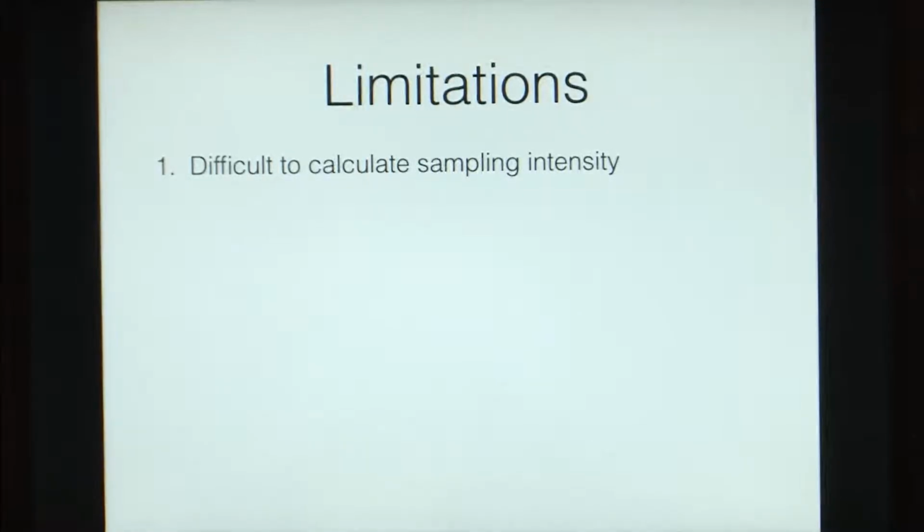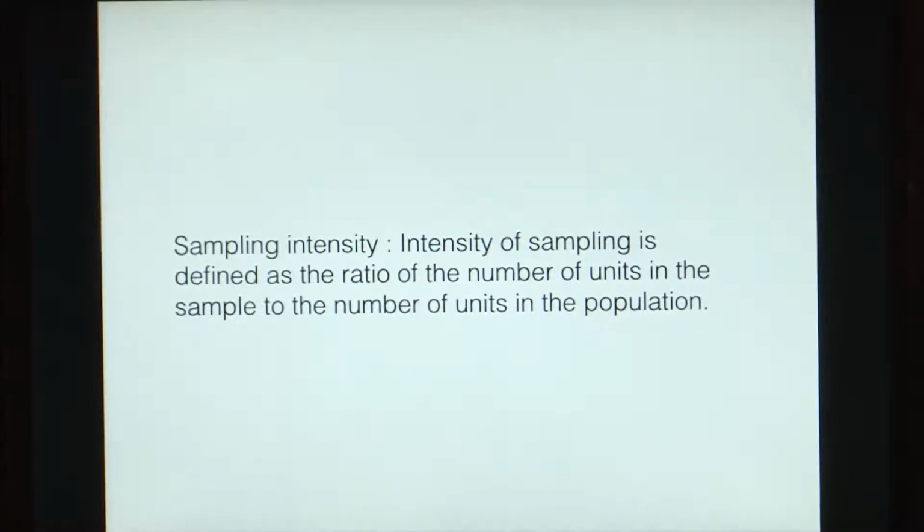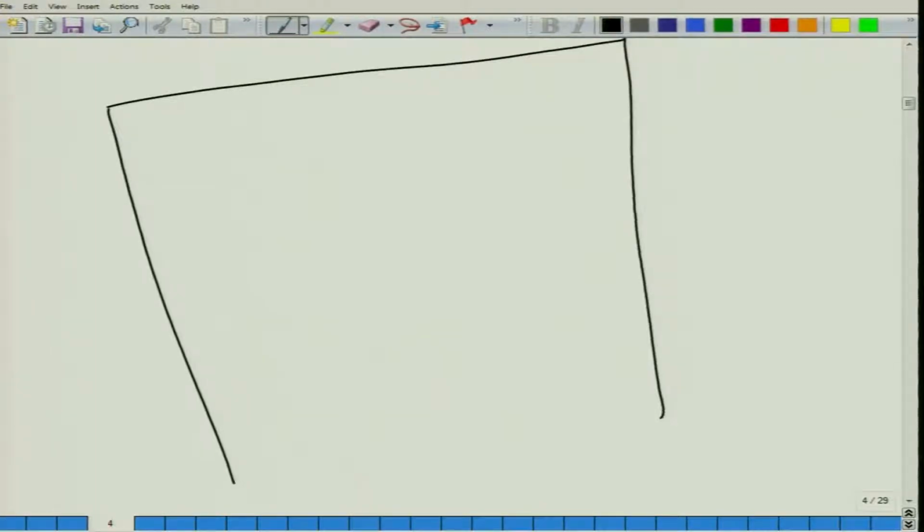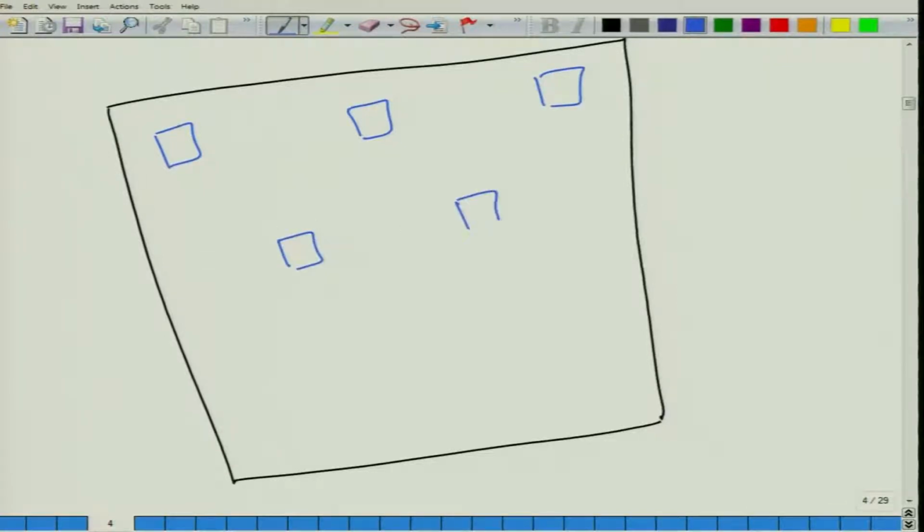For instance, it is difficult to calculate sampling intensity. Now, what do we mean by sampling intensity? Sampling intensity, or the intensity of sampling, is defined as the ratio of the number of units in the sample to the number of units in the population. So, what do we mean by that? Suppose we have this as our total forest stand, and we are taking our sample plots here, here, here, here, here.